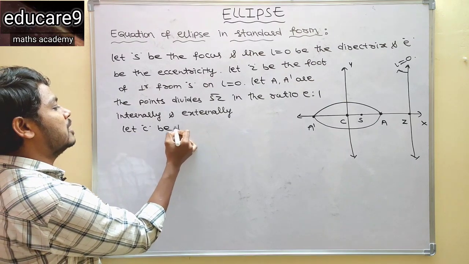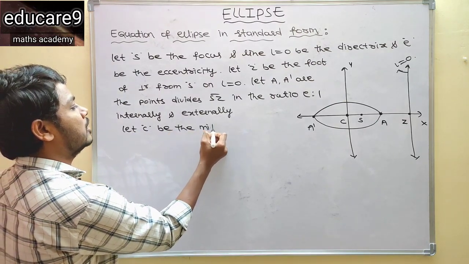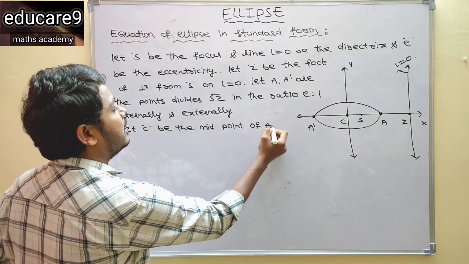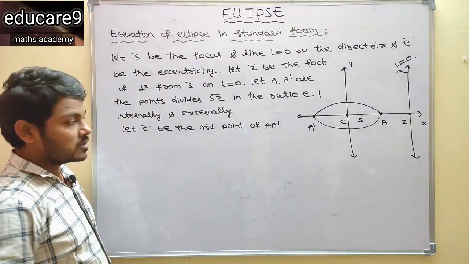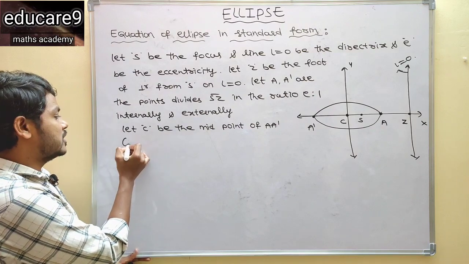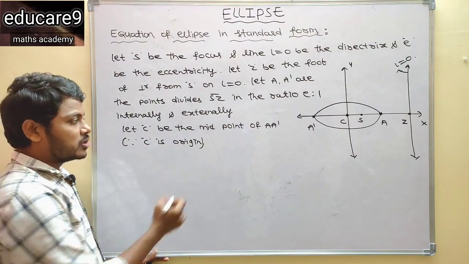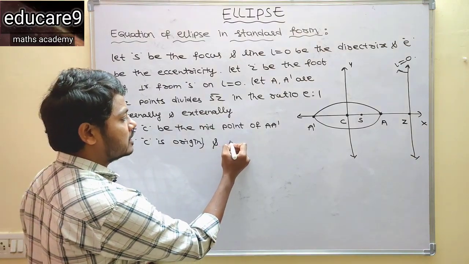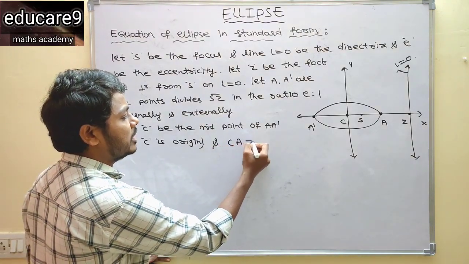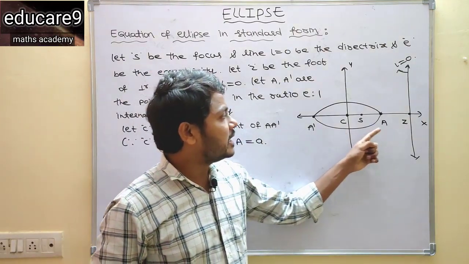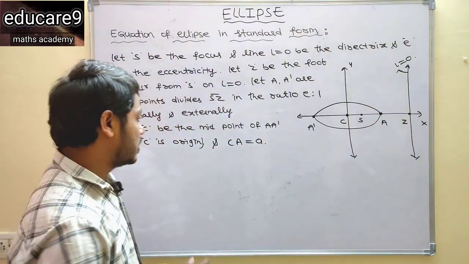So clearly C is the origin. And also consider the distance from C to A is equal to small a.